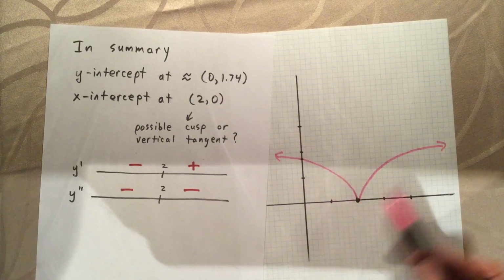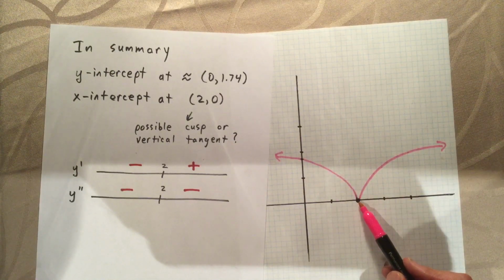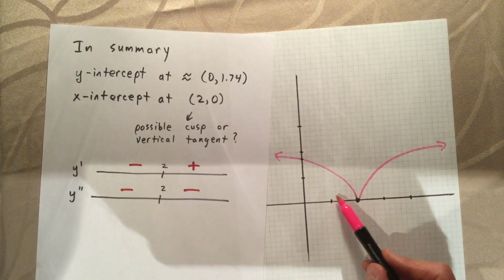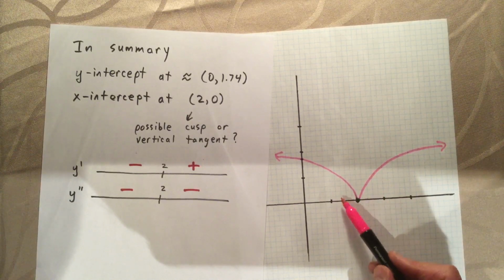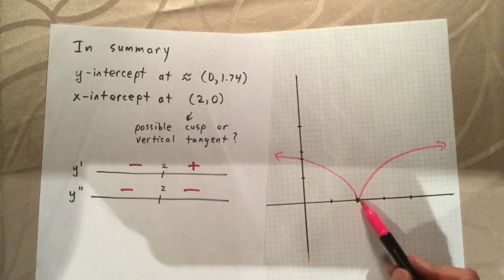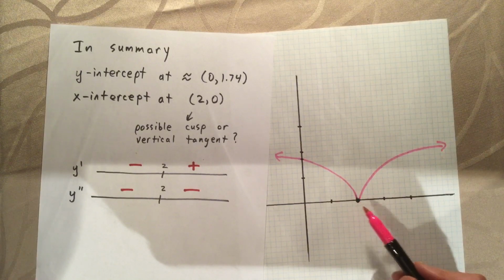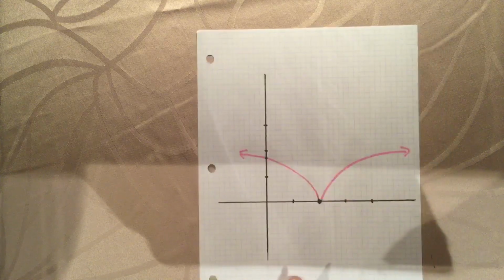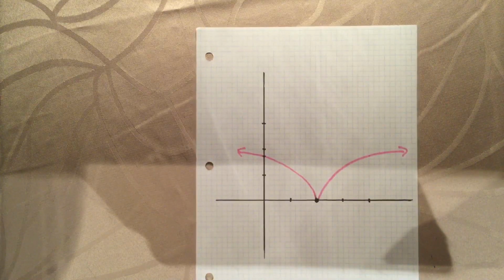And so this is what the curve is. It's defined at all real numbers. At x equals 2, we have a cusp. The first derivative is undefined, and that makes sense because it would be hard to choose one particular tangent line to say what the exact slope is there. So this is the curve y equals (x − 2) to the exponent 4/5.